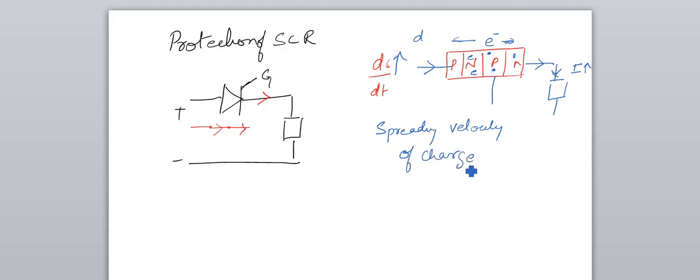The spreading velocity of the charge is not sufficient, so that will result in a hotspot in nearby areas. That's the damage, the hotspot. I have discussed it in the turn on characteristics also.